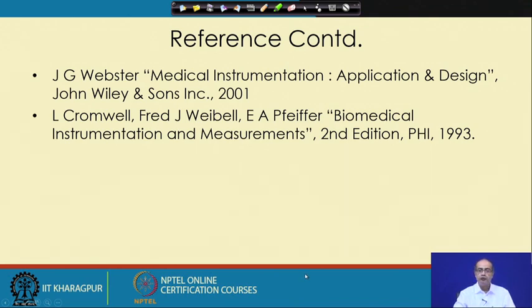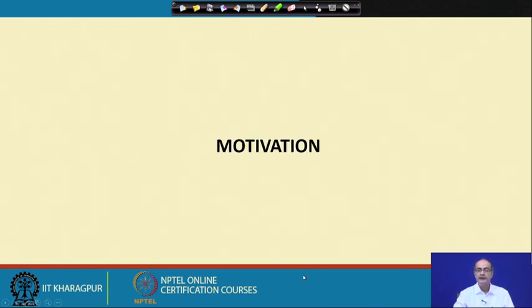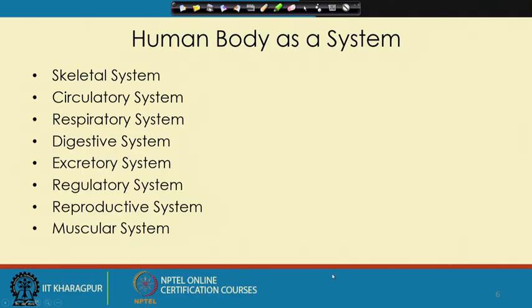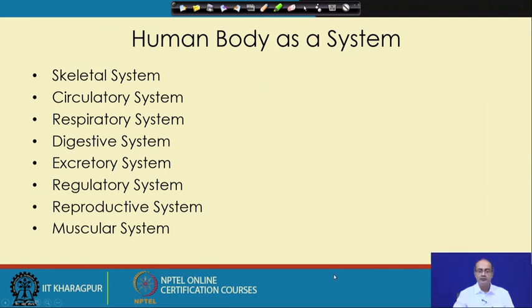Now, for getting into the subject, the first thing we would like to build is the motivation for this course. As a part of it, I would like to mention that as we are engineers, we look at the human body as a system, and that is why we feel that it is possible to study it in an engineering way.